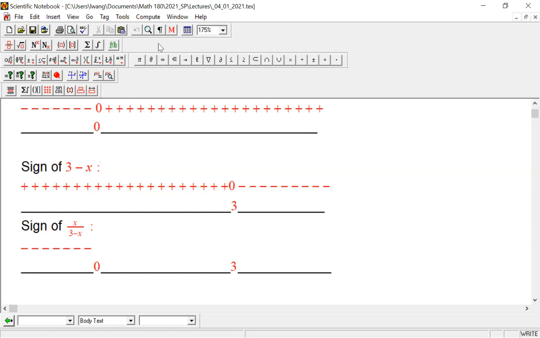At 0, what happened at 0? When x is 0, the denominator is 3 minus 0. The numerator is 0. So in this case, the quotient is 0. When x is between 0 and 3, we're dividing a positive by a positive.